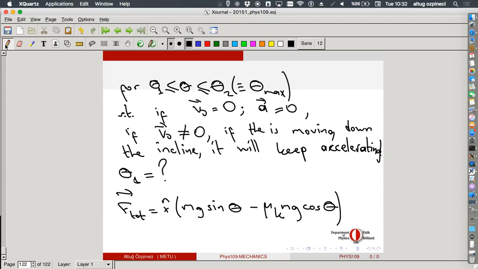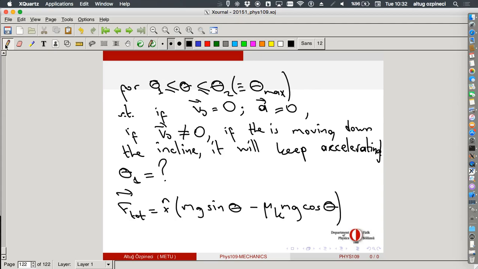So the friction force becomes larger than the component of the weight along the incline. The net force will be in the direction of the friction force, and hence my object will start decelerating.